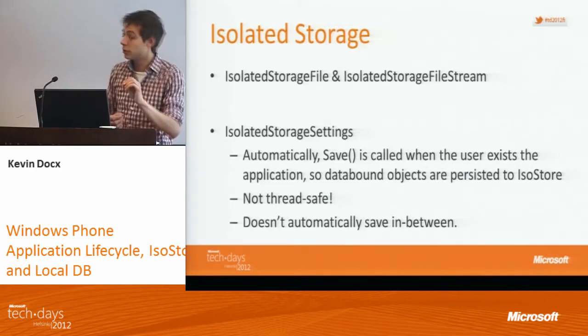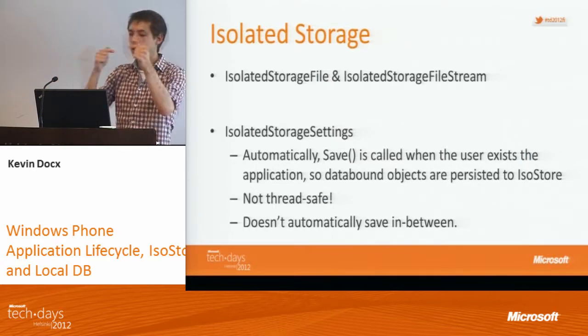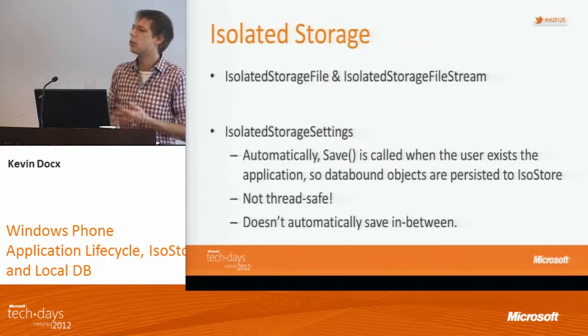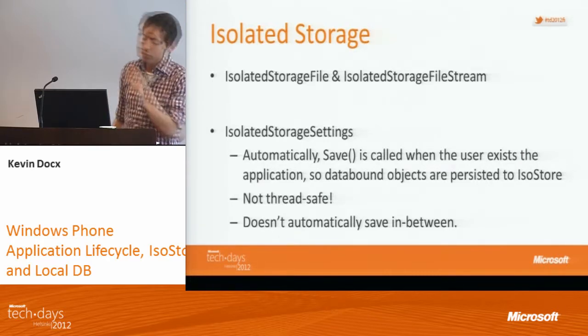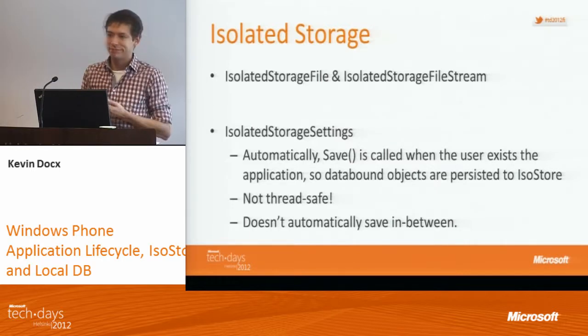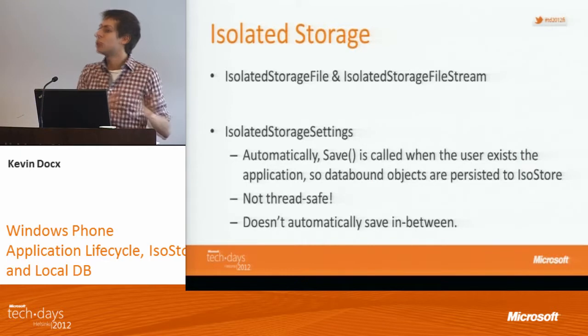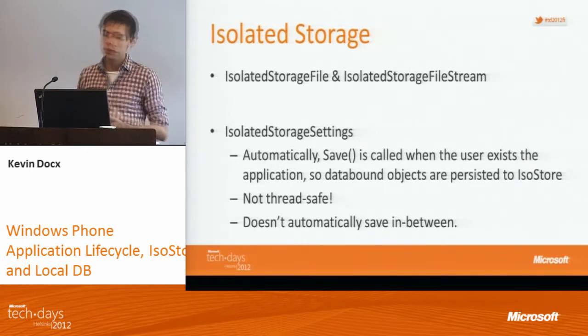Isolated storage settings, on the other hand, those can be bound automatically to your UI, and they will update as well. So that's one of the reasons why a lot of people prefer to use that. Why don't I? Well, actually, I prefer to have a little bit more control of where I put my data. I store my client-side model, let's say.